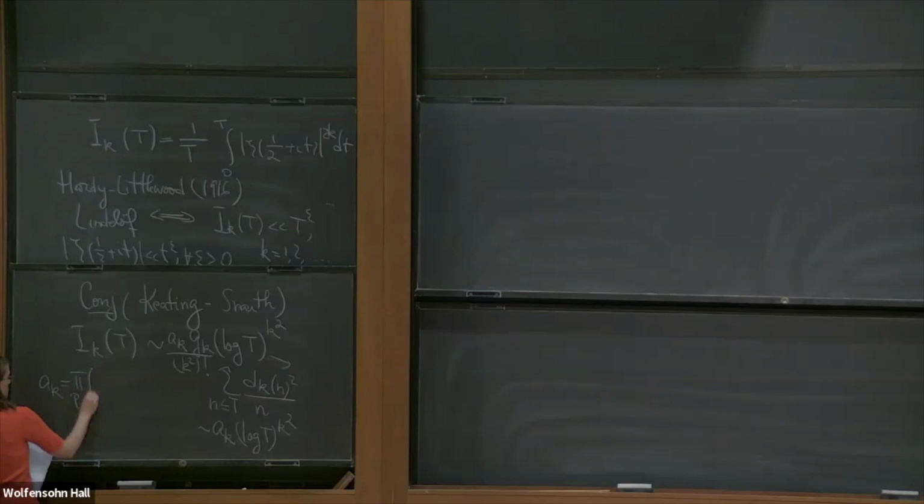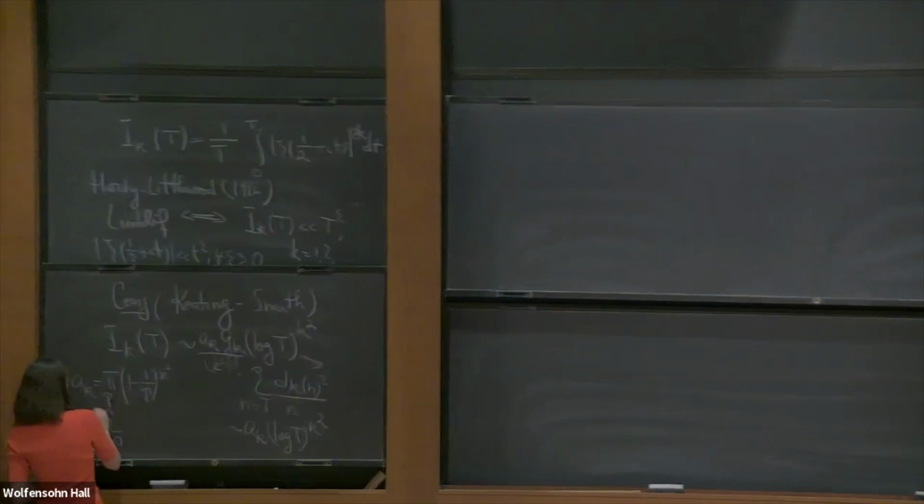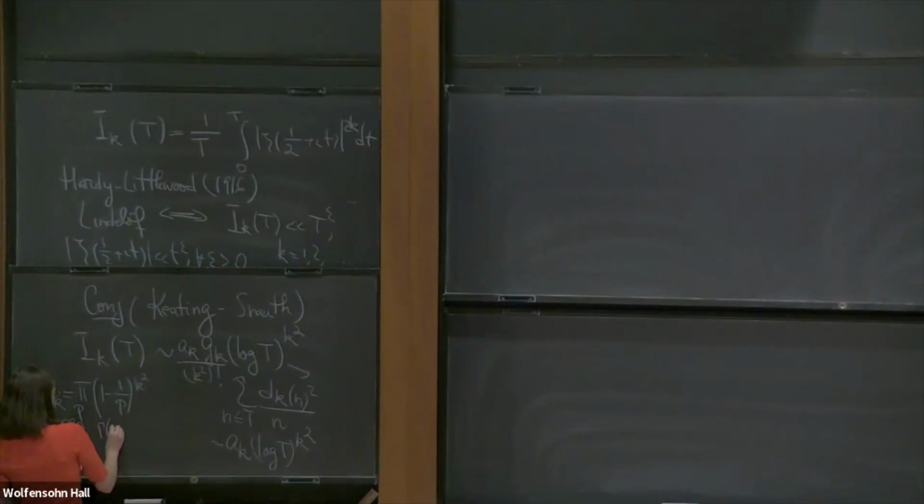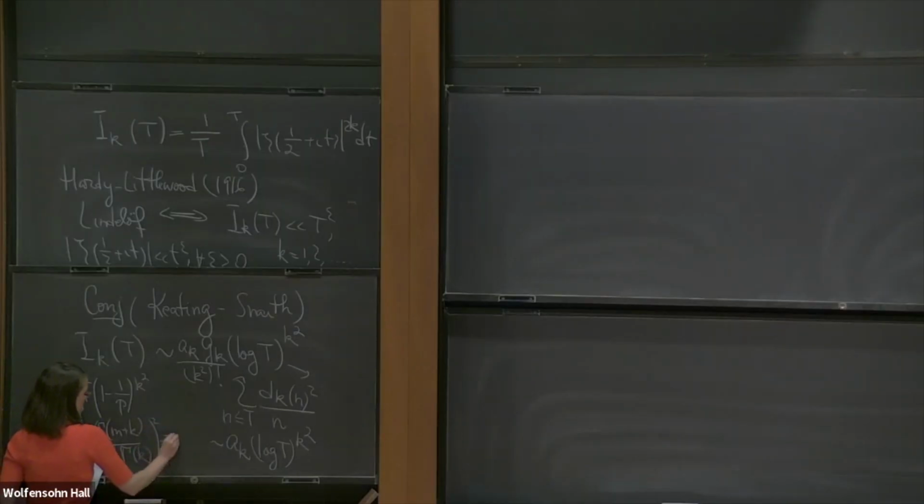So it's the product over p of (1 minus 1 over p)^(k^2) times the sum with m from 0 to infinity of (Gamma(m+k) over m! Gamma(k)) squared times p^(-m). So this is just a convergent Euler product.